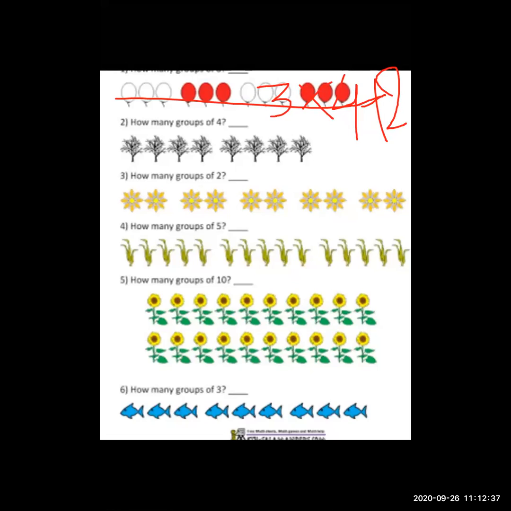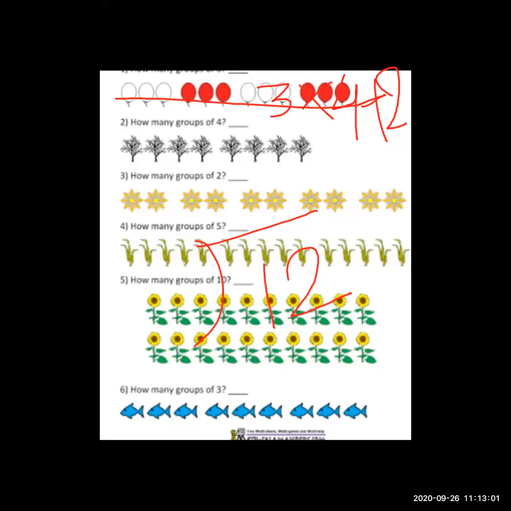That means multiplication came as a division. And suppose they tell you to do the division of that number. So how will you do it? First of all, you want to write the 12 over here. Write the bigger number on the right side. After that, don't count each balloon.